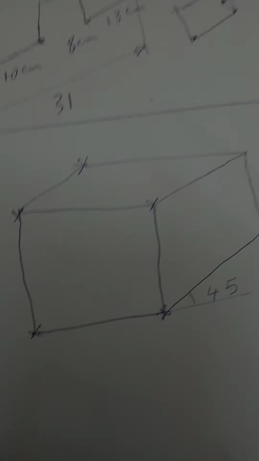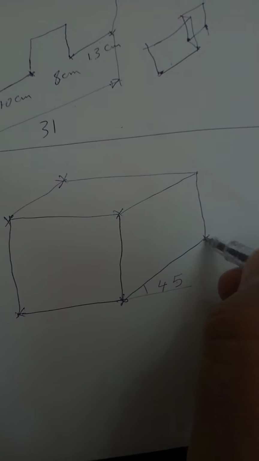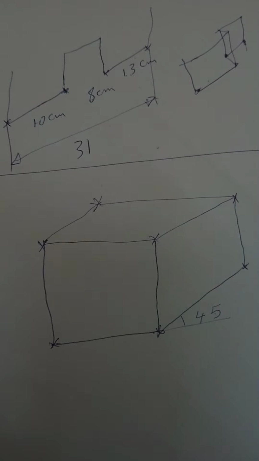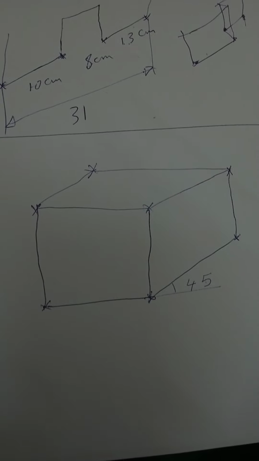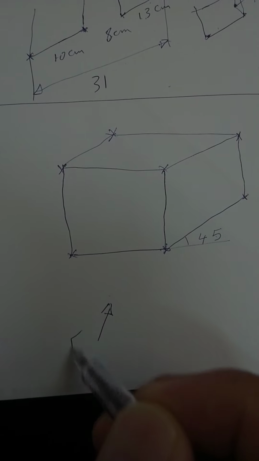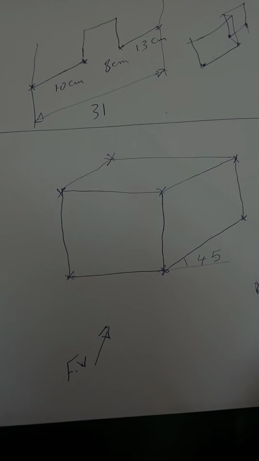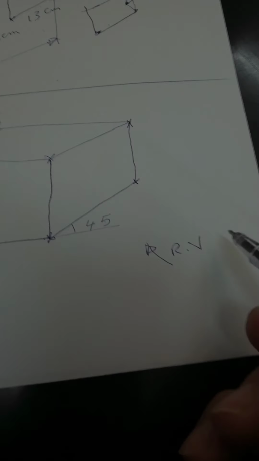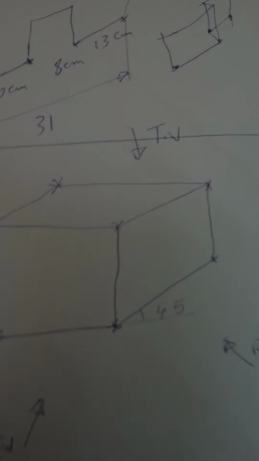This is the standard shape which can be used to draw the pictorial of a given example. Now this is a front view from this direction, and this is the right side view from this direction, and this is the top view from this direction.